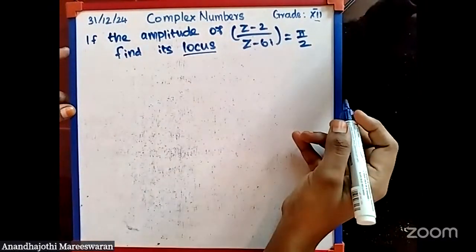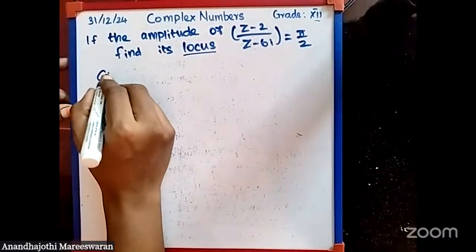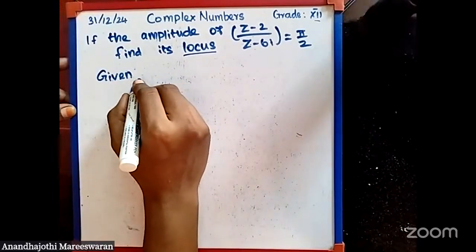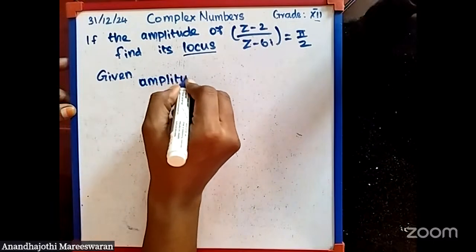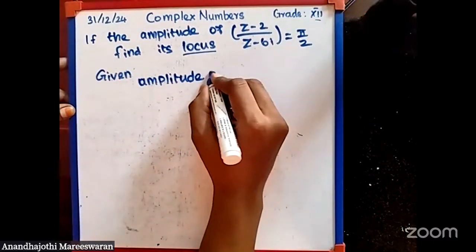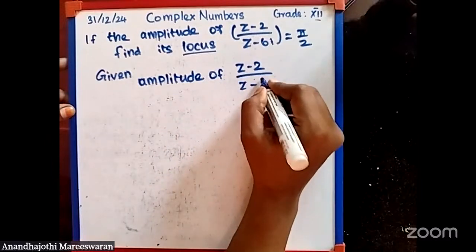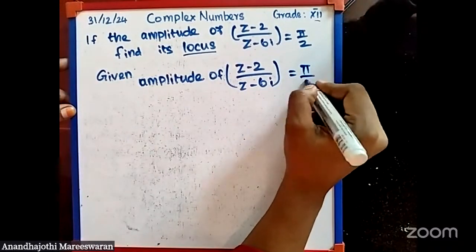Whatever the question, we are going to write the given first. Given: amplitude of (z minus 2) divided by (z minus 6i) equals pi by 2.